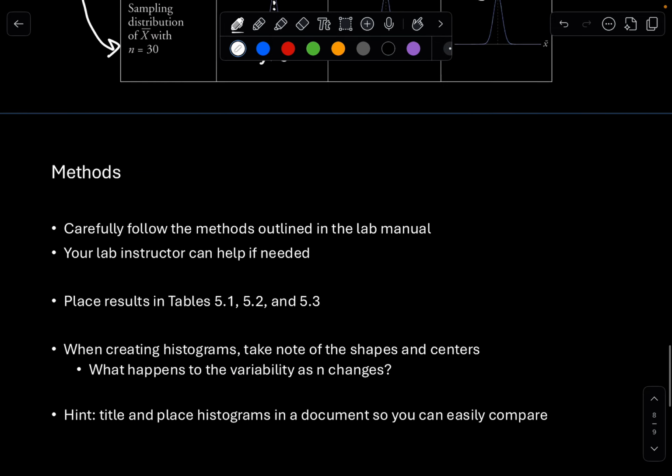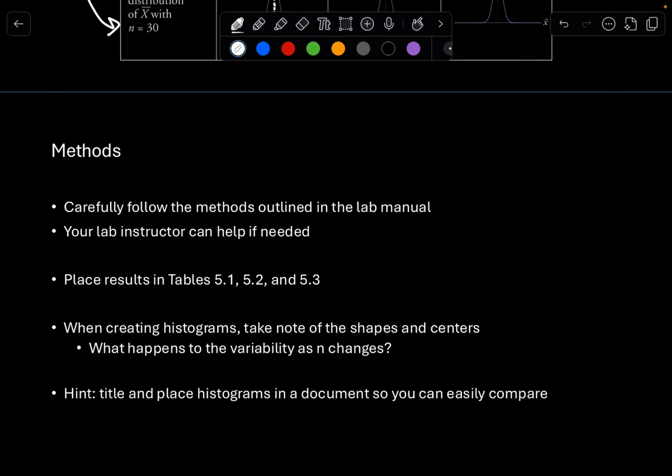I'm not going to go through all of the methods for this lab. It's all simulations using StatCrunch. Carefully follow the methods in the lab manual, and then you'll also have a handout your lab instructor will give you. Your lab instructor will be helping you. You're going to simulate values from a normal distribution.